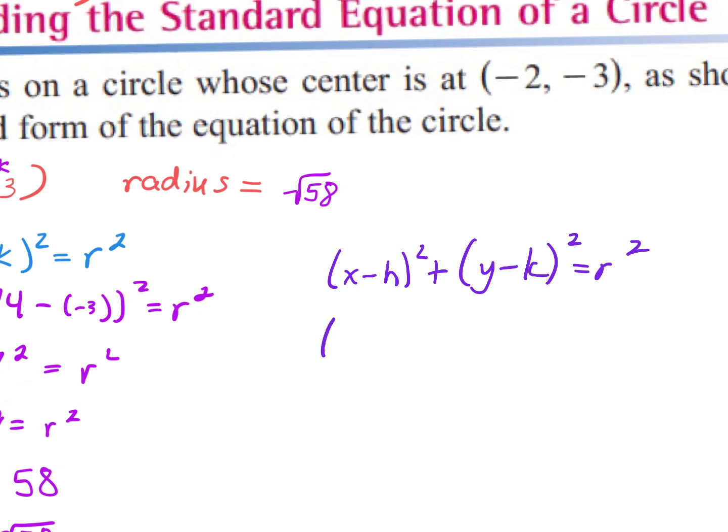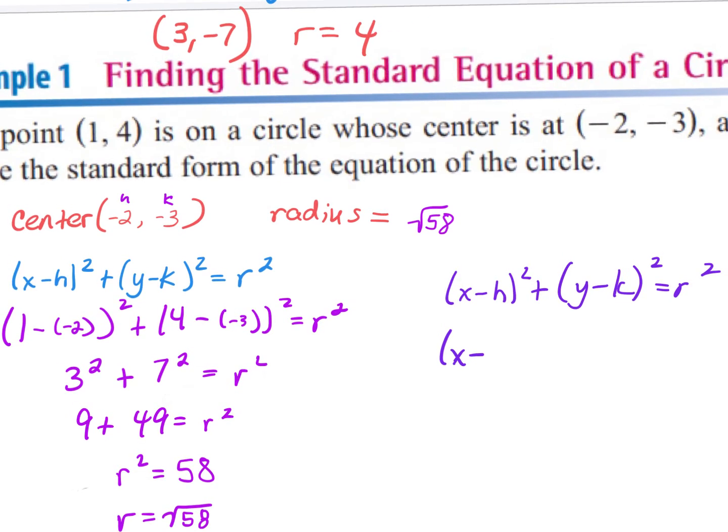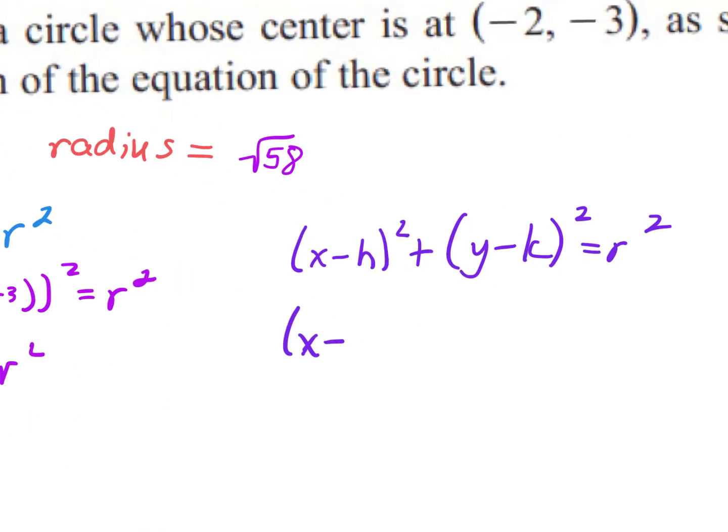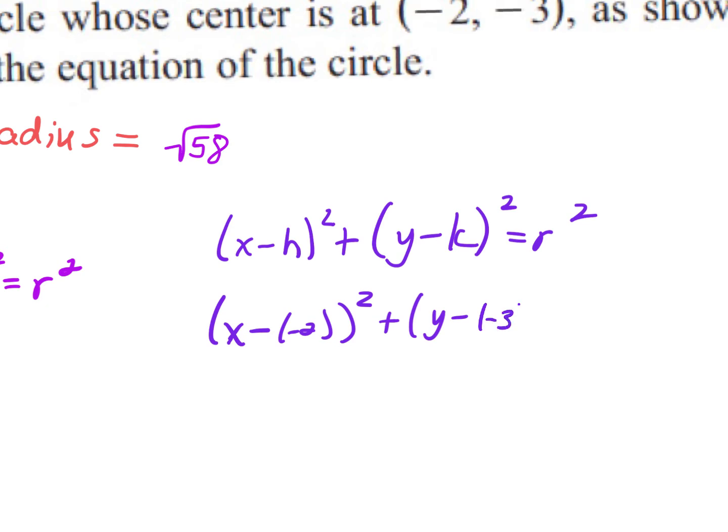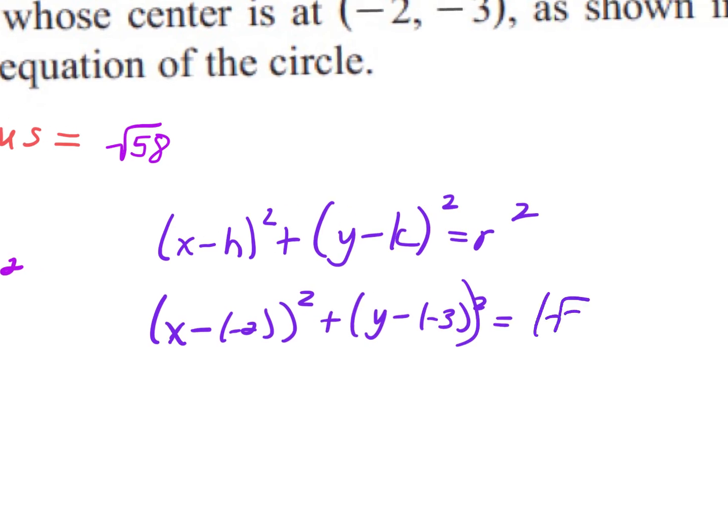My equation would be x minus, what was my h? Negative 2 squared plus y minus, what was k? Yep. Negative 3 squared equals my radius squared.